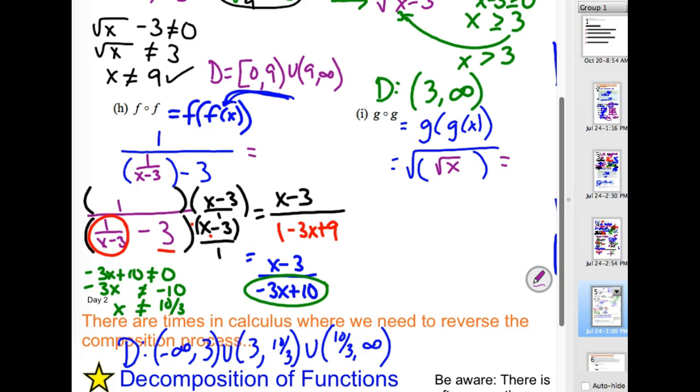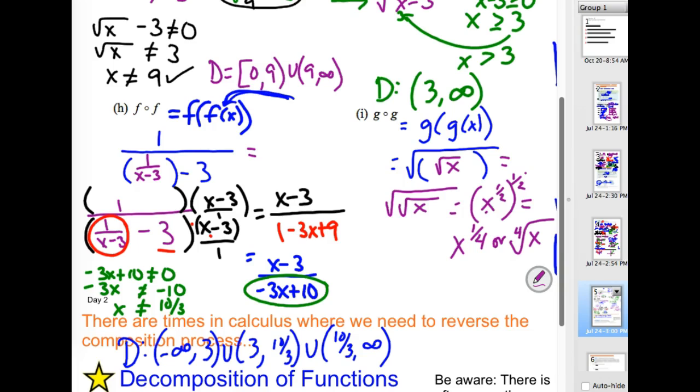If we think of this in terms of rational exponents instead of radical symbols, let's think of that as x to the 1/2 being raised to a 1/2. So we have the square root of x being square rooted. Powers to powers we multiply, which gives us x to the 1/4, or the 4th root of x would be another way we could simplify that.